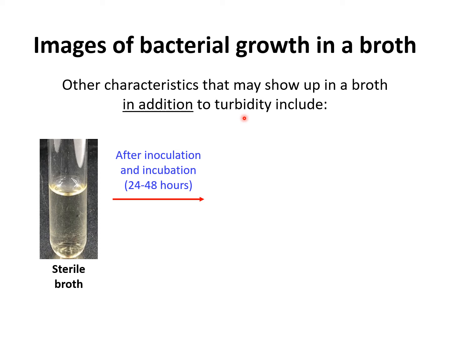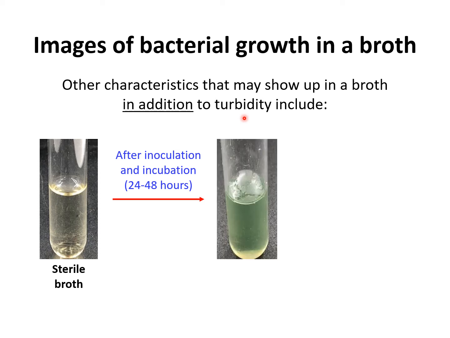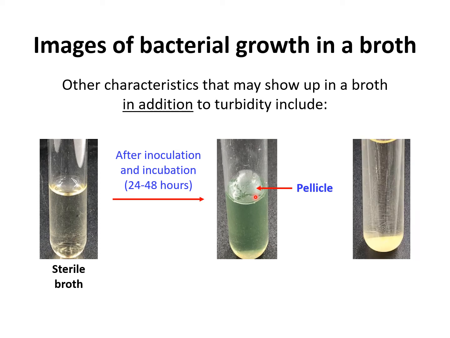Now, on top of the turbidity, you might see something like this. You might see this film, like a slimy film on the top of your broth, and we call that a pellicle. Now, do you always have to have a pellicle? No, you don't have to. It's not a must.